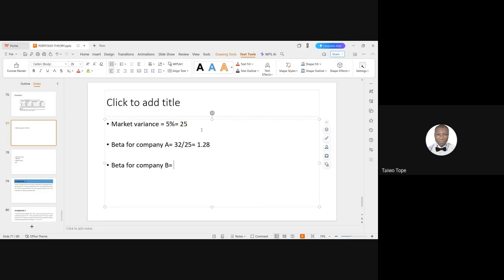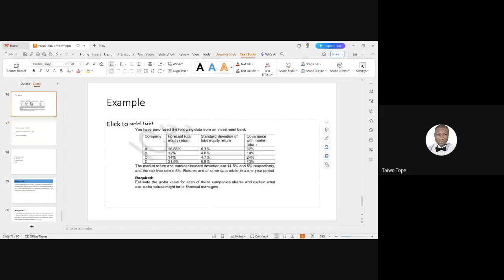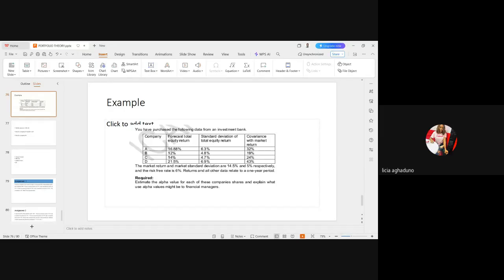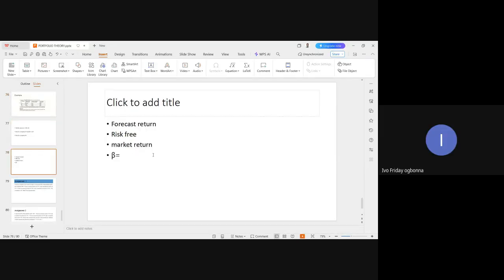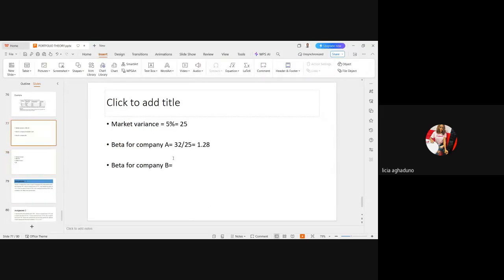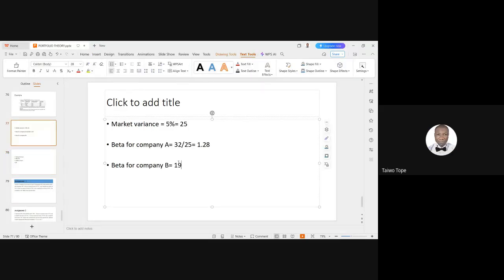So beta for company B will be 19 divided by 25, which is 0.76. In that order, you solve for C and D.